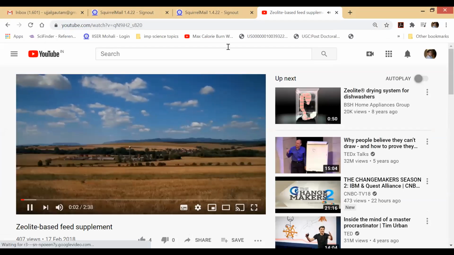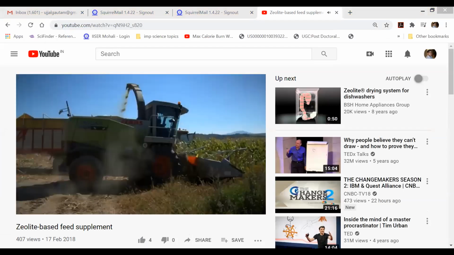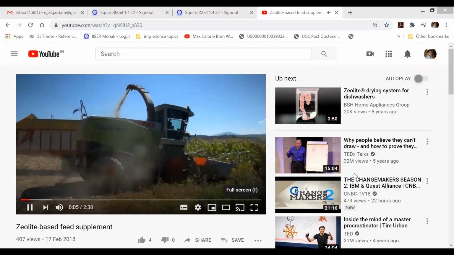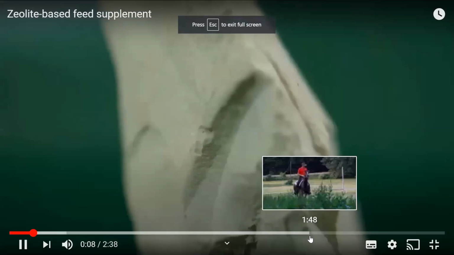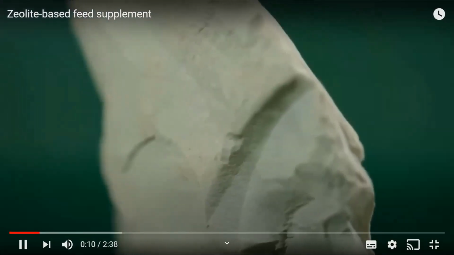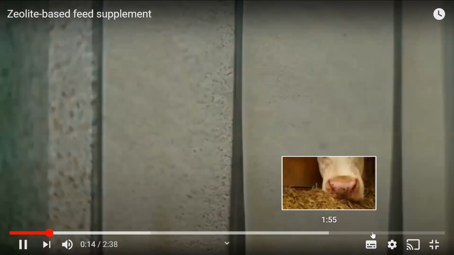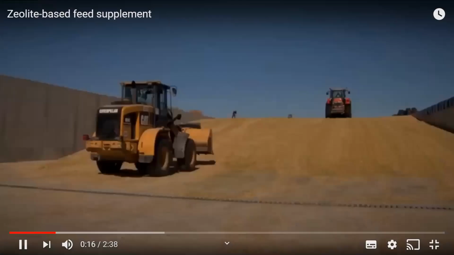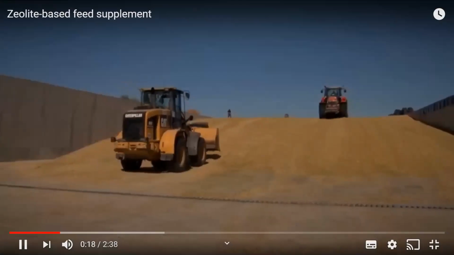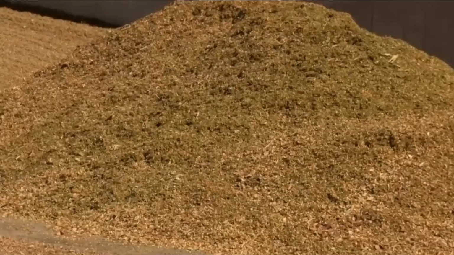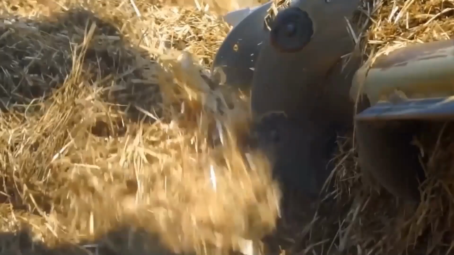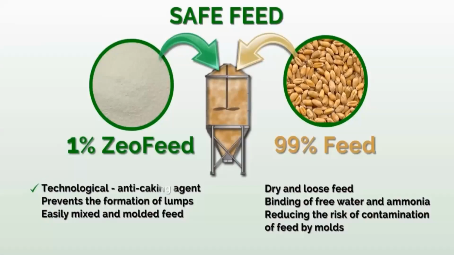Zeolite properties and its uses in livestock feed production. Zeofeed is a feed additive made of 100% natural clinoptilolite, specifically intended to improve animal nutrition. It is used in the production of complete feed mixes, pre-mixes, and other specialty products. During the manufacturing process of feed, it acts as a technological anti-caking agent.